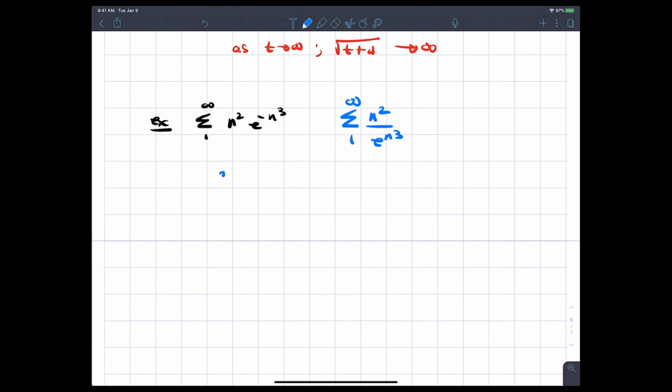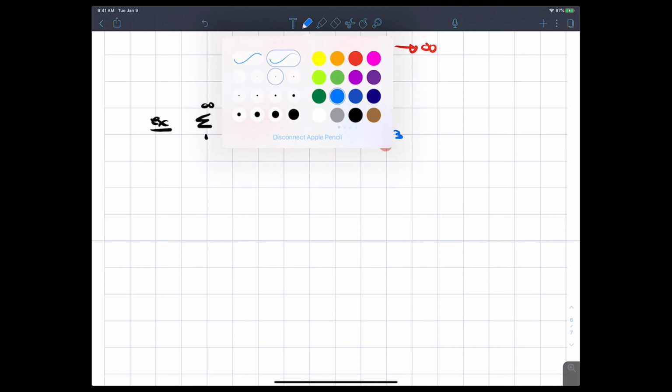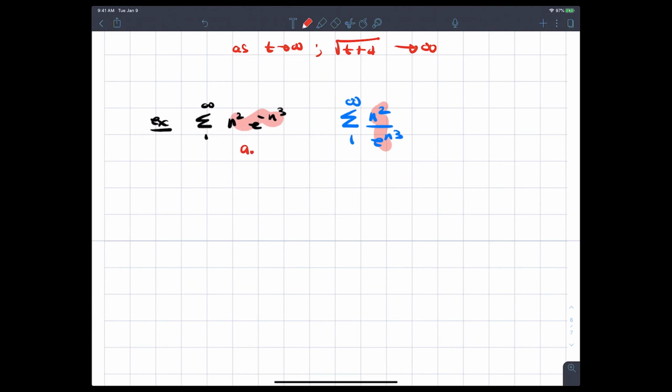So you're going to let f of x be, because this portion here is my an, right? So we can say, an is n squared e to the minus n cubed, which is your f of n.